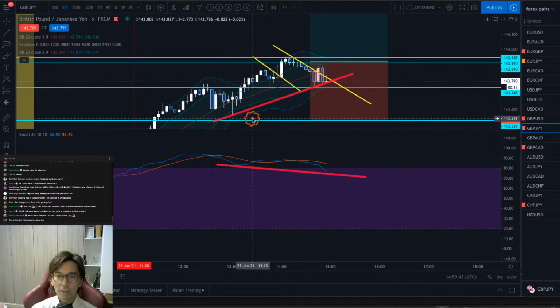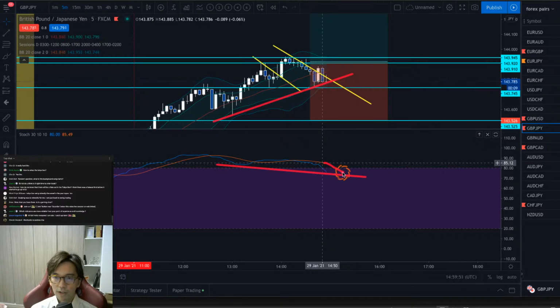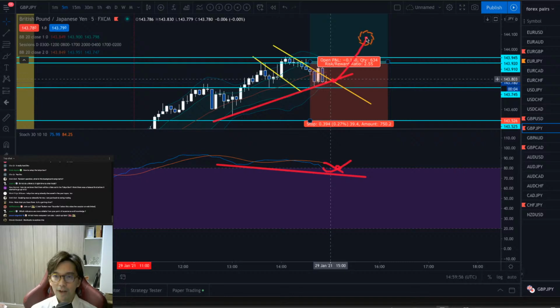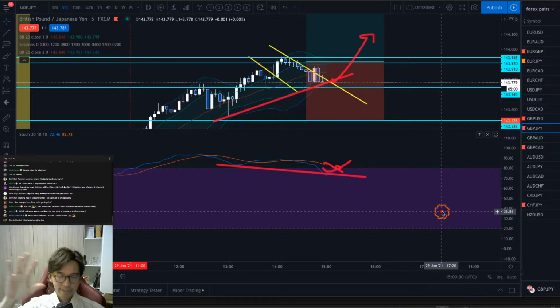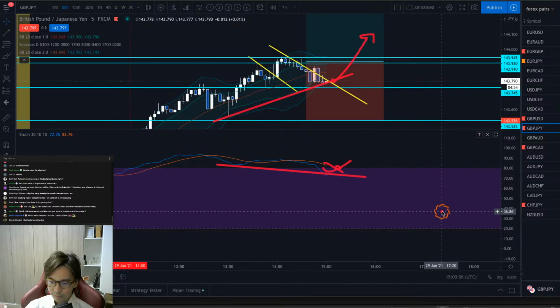So I think this is a type of divergence, and when it gold crosses next time, it can break upwards very fast, because this is uptrending. So basically I'm waiting for the gold cross to come. So yeah, we'll see.